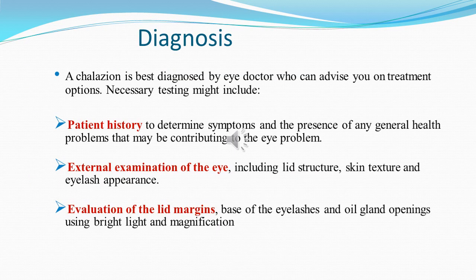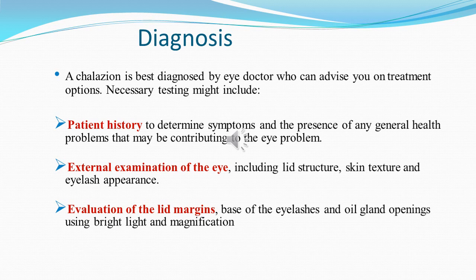The diagnosis of the chalazion basically depends upon the history and the clinical examination. We take the history: a painless swelling which started and progressively increased in size, or with multiple lesions. Then we look for the general condition and any predisposing factors.